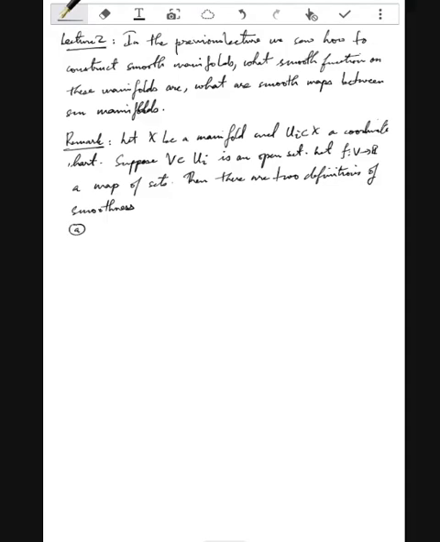The first definition: V is contained in U_i and U_i is a subset of R^n, and therefore there are coordinates x1, x2 up to xn, and smooth by this definition means that f is a smooth function of the x_i's.